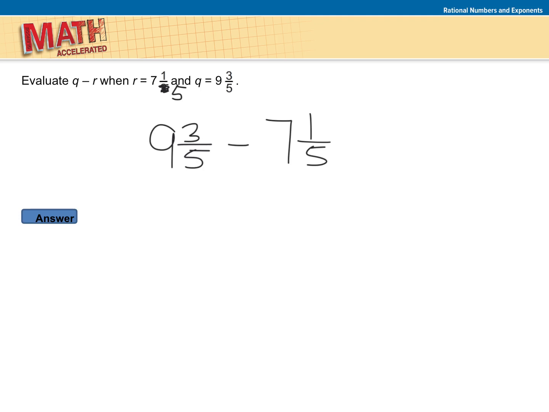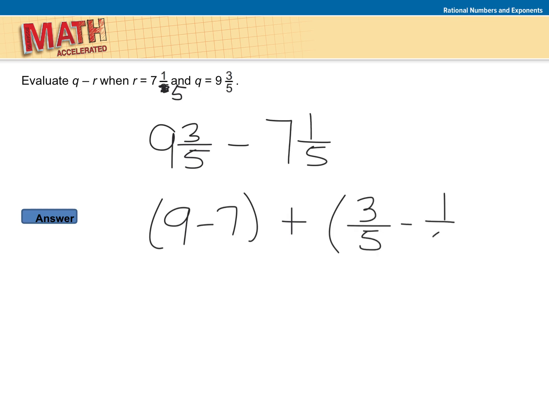Okay, so how do we add and subtract mixed numbers? You separate the whole numbers. What are my whole numbers? 9 and 7. 9 minus 7. And then what are my fractions? 3/5 minus 1/5. What's 9 minus 7? 2. What is 3/5 minus 1/5? 2/5.